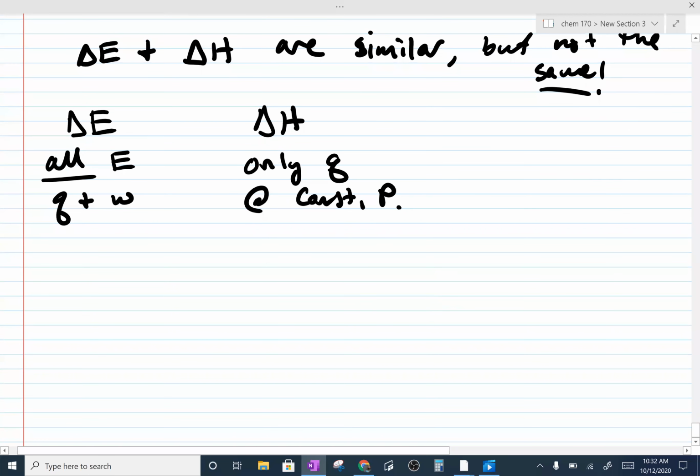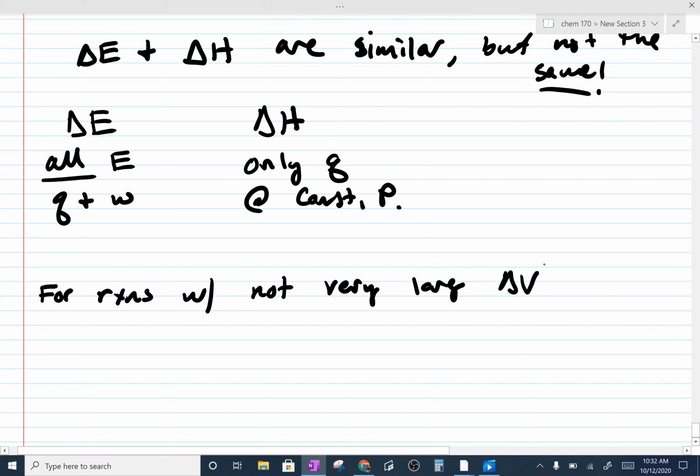So in general, for reactions with a small or not very large delta V, so if the reaction itself doesn't change volume so much, delta E and delta H are basically equal.